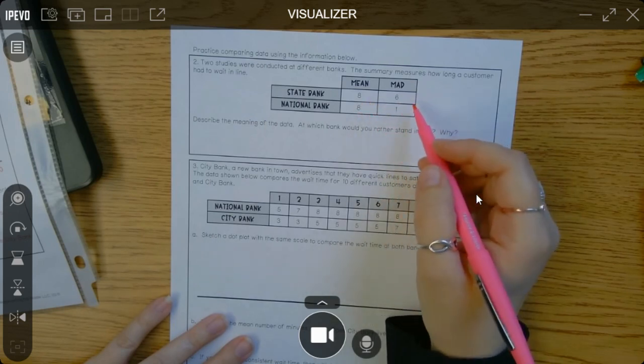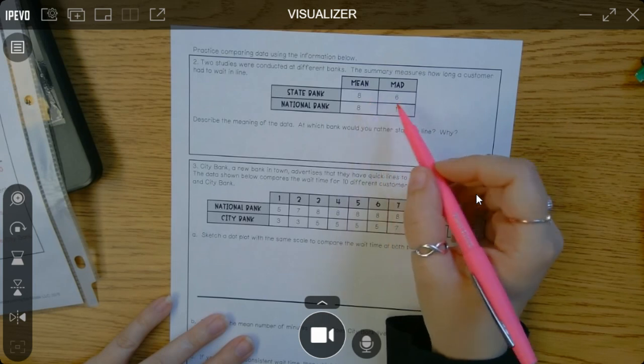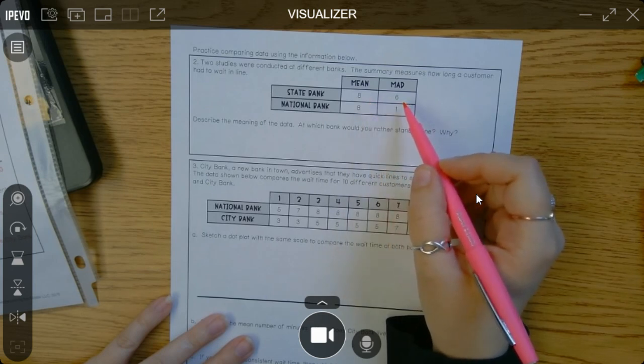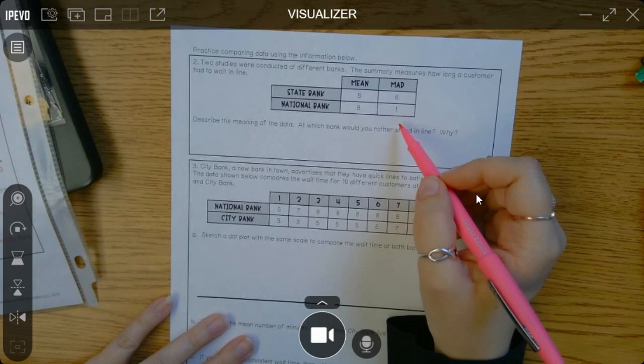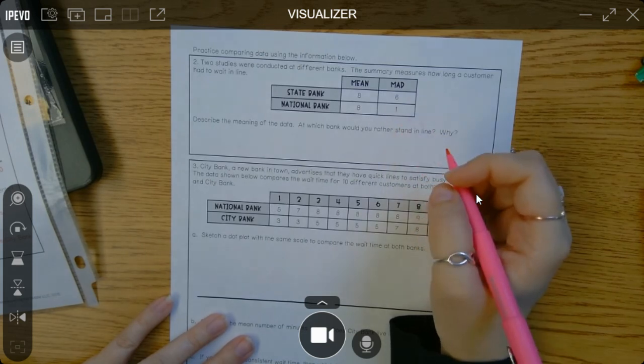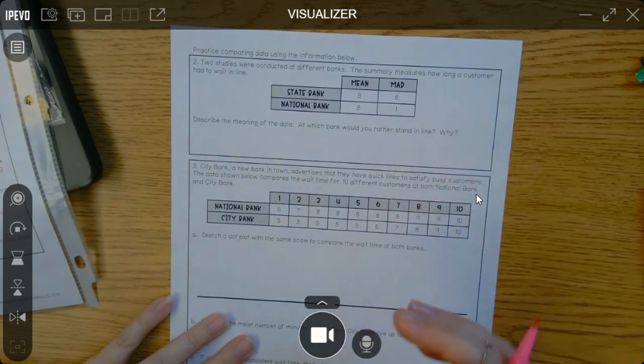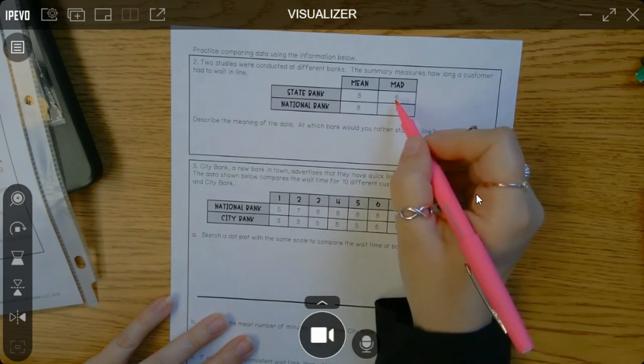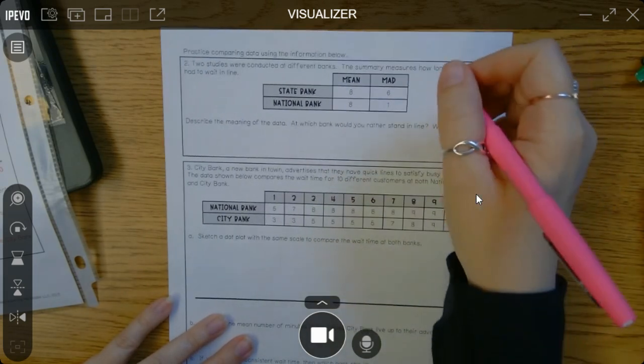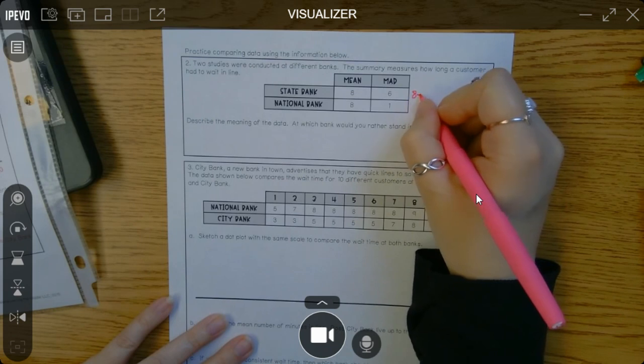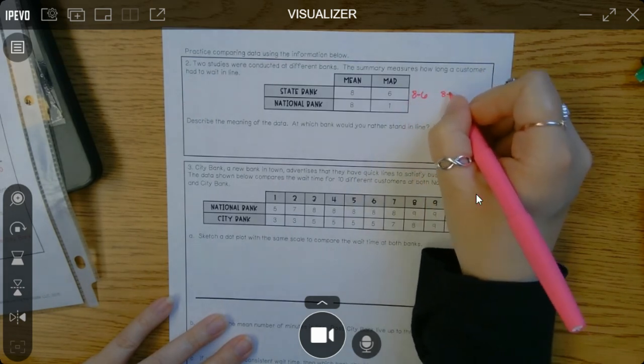Well, that's why it's helpful to consider the variability in the data set rather than only look at the mean. Here at State Bank, they had the same mean of 8 minutes. They have a MAD value of 6, whereas National Bank only had a MAD value of 1. What does that mean? Think of it this way: on average, these are about 6 minutes away from the mean. So that means it ranges from 8 minus 6 to 8 plus 6.